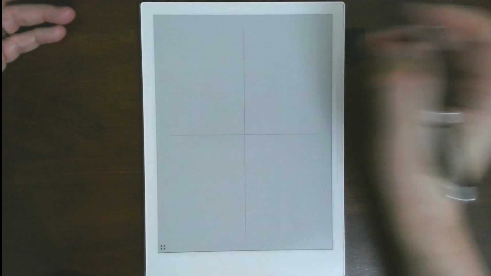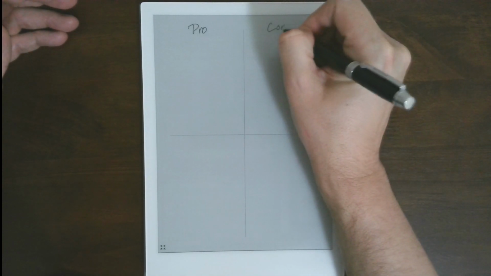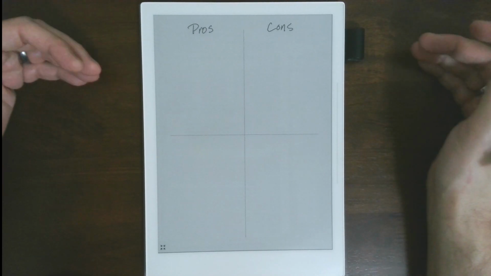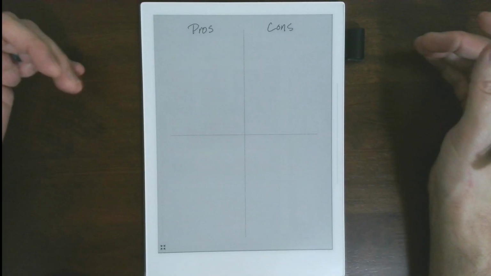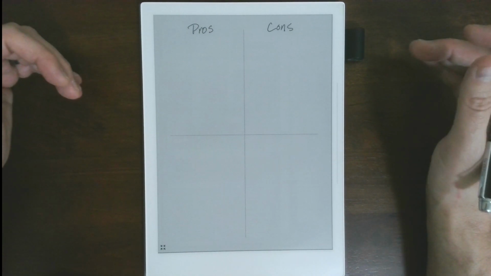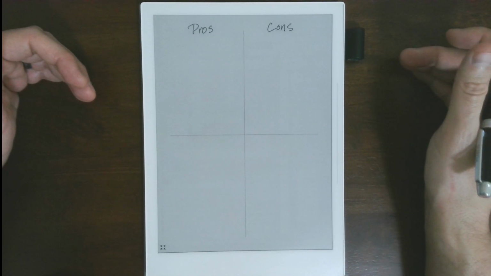Okay, so let's do a quick pro con list. So pros and cons. For the PDF planners, there are a lot of pros. If you're someone who is used to a paper planner, you really like having that, go to it, find out what it is, see where it is, ease of use.